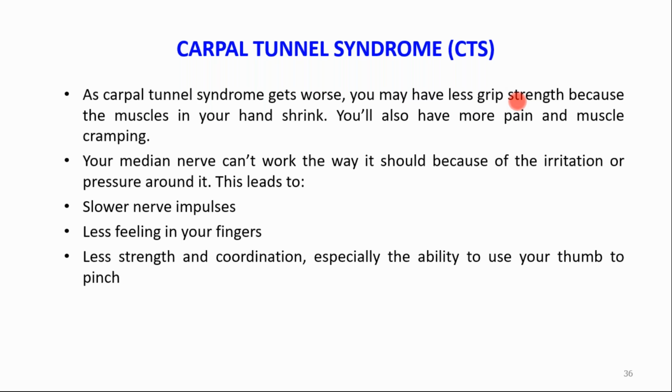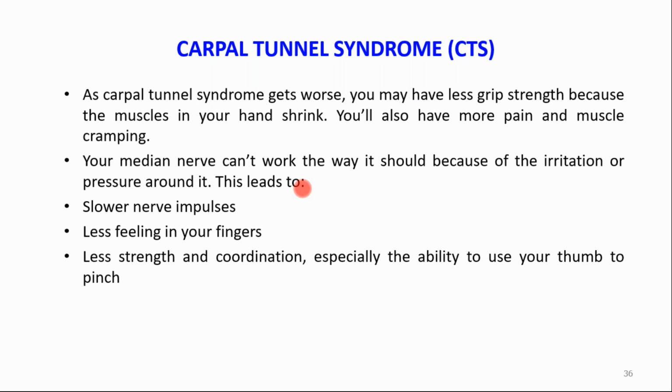Your median nerve can't work the way it should because of the irritation or pressure around it. So when you feel that your grip strength is decreasing, or you feel more pain or muscle cramping, you can't work in a normal mode.